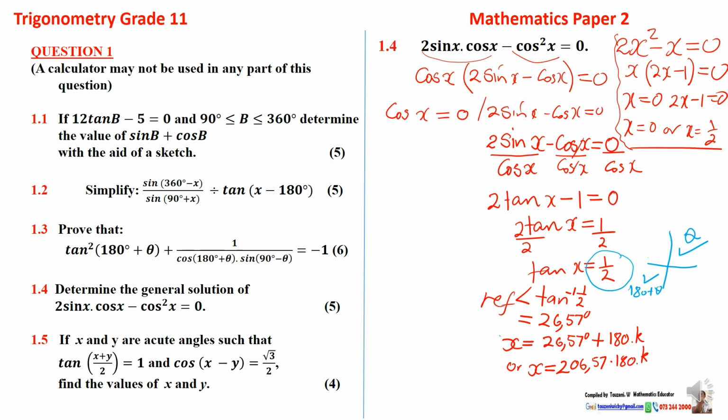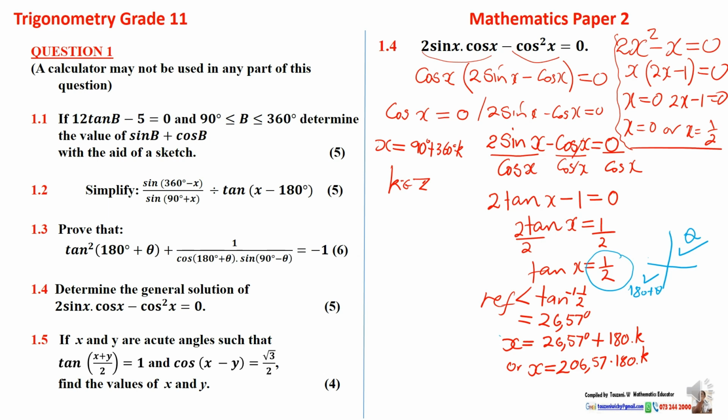Let's not forget our cos x is equal to 0. There is also a solution there, and from special angles we know it's 0 plus 360 multiplied by k, and in each case k is an integer.